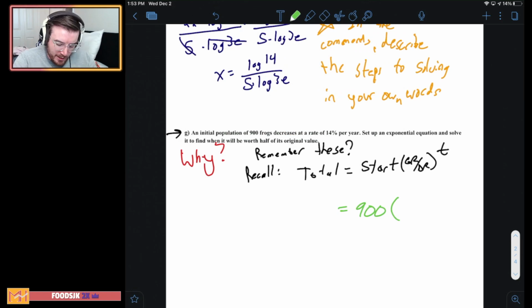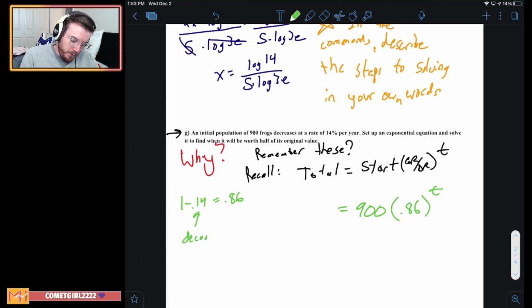We are decaying by 14%. Well, 1 minus 0.14 is 0.86. 14% as a decimal is 0.14, so we're going down by 0.14. And when will the number of frogs be half? Half of 900 is 450. So the question is, how many years need to pass for our frogs to have this value?